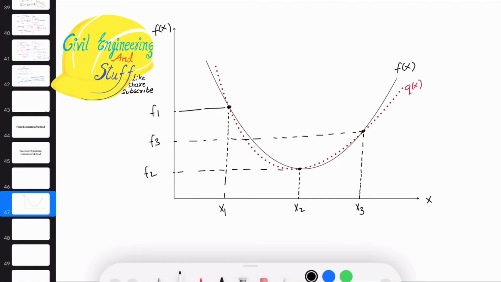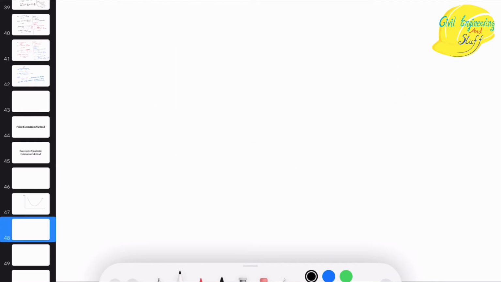So in this method, we fit a curve. In the successive quadratic estimation method, a curve is fitted, that is a quadratic polynomial function.